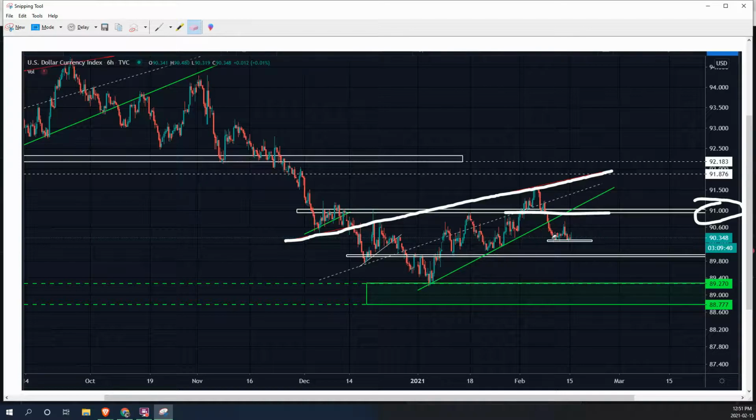So that's what we're going to be looking for. And if that isn't the case, if we fail right here, we could be consolidating. But as of right now, I think it's just going to be thrashing at this level right here.